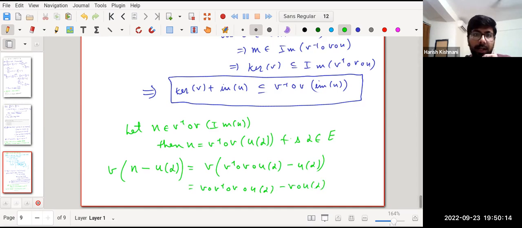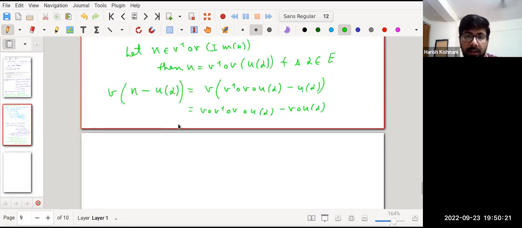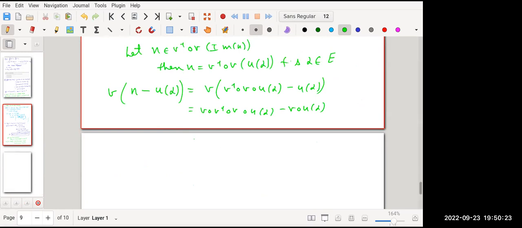You cannot write directly it to be 0 because here V inverse is not an isomorphism.